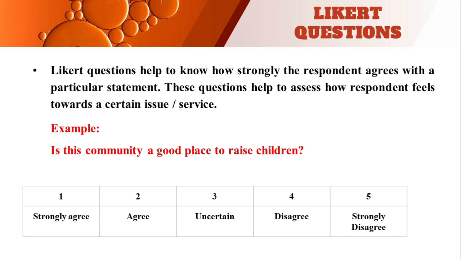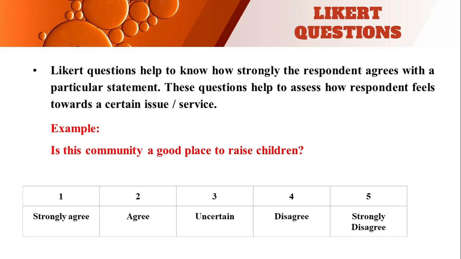And on both sides of the neutral, we have somewhat positive and somewhat negative, where we can choose. Like we ask the question, is the community a good place to raise children? Strongly agree, agree, uncertain, disagree, strongly disagree.